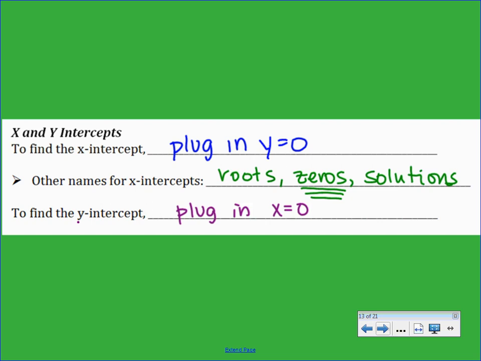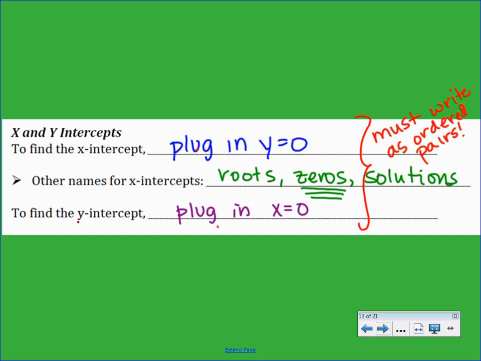Now, I am really picky. I know that surprises all of you. But when I ask for an x-intercept or a y-intercept, you must write them as ordered pairs. If I ask you for the x-intercept and you say 3, I'm going to say, great job, partial credit.